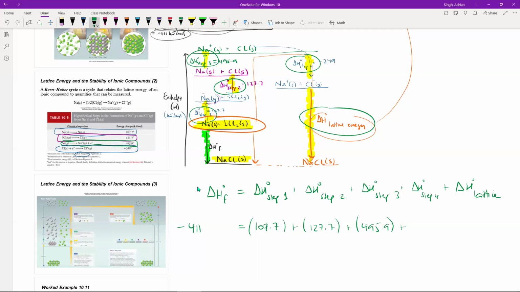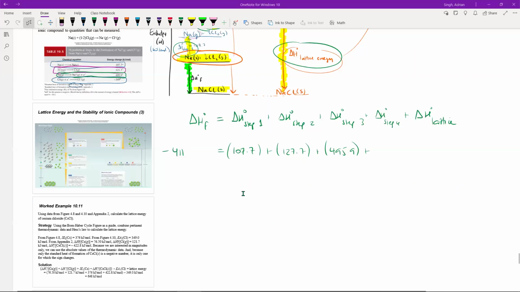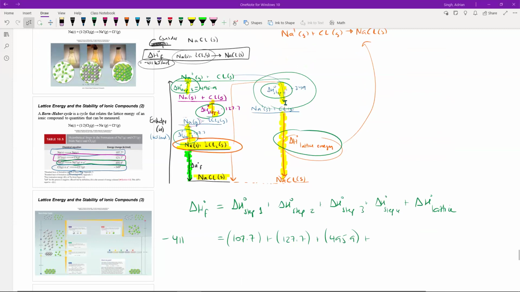And then the delta H for step 4, now this is going in the opposite direction, right, so that's going to be a negative value when we incorporate it. So step 4, not step 6, is the electron affinity. So that's a negative value, remember? So that's negative 349. And then we have our delta H here for the lattice energy.